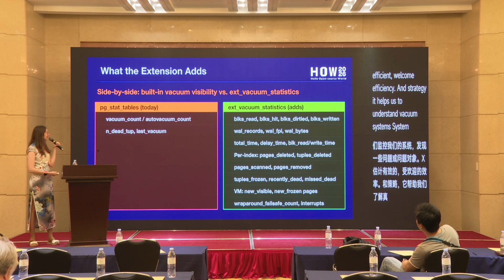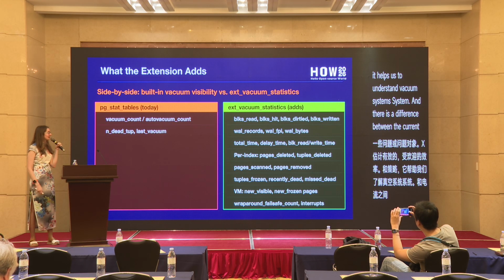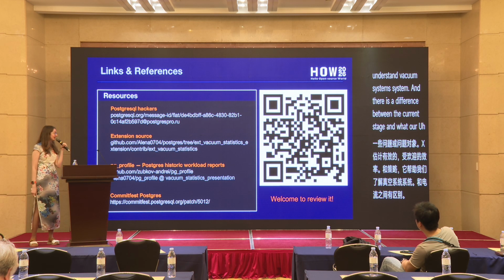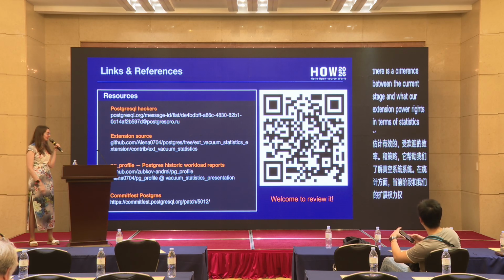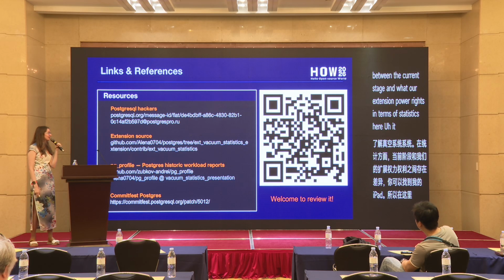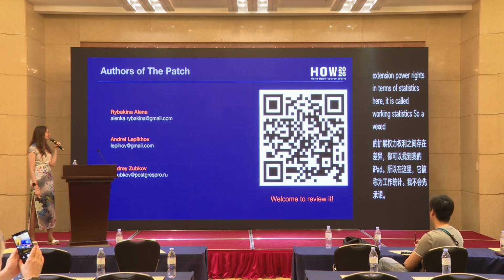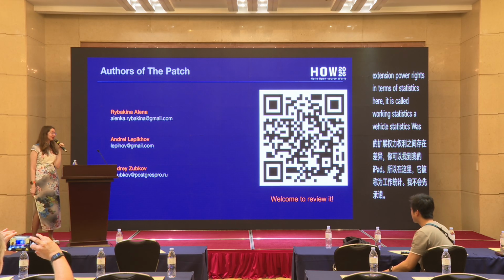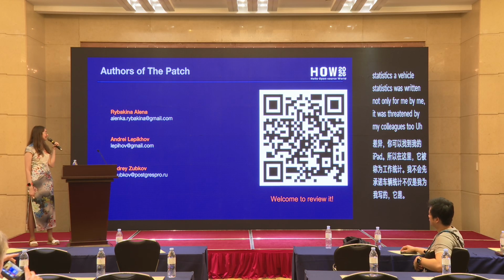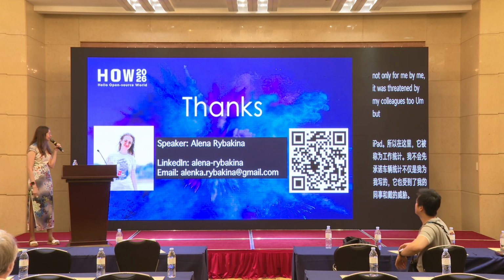And there is a difference between the current stage and what our extension provides in terms of statistics. You can find my patch here. It is called Vacuum Statistics, and it is on the Commitfest. Vacuum statistics was written not only by me but by my colleagues too, Andrei Lepikhov and Andrei Zubkov, but the extension I implemented.